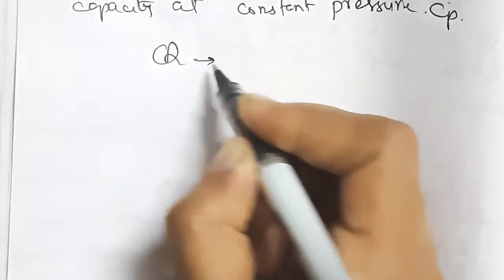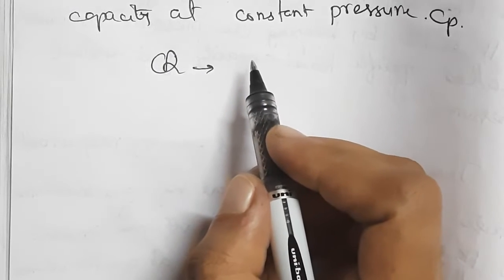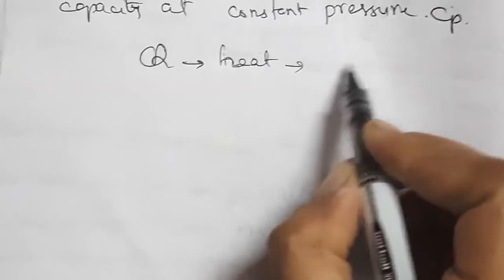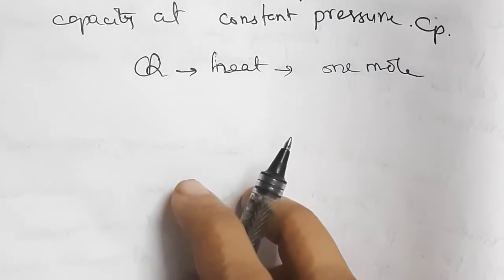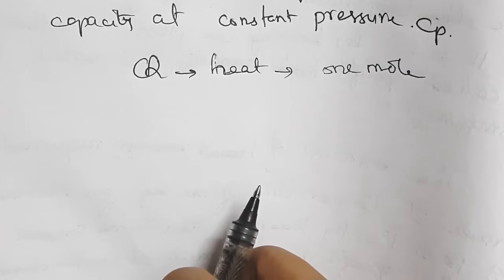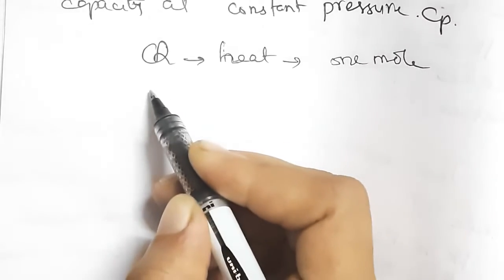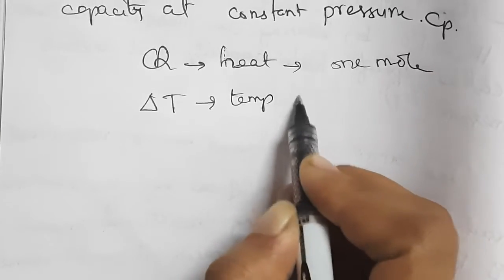Now let's see the expression for Cv. Suppose Q is the heat supplied to 1 mole of gas at constant volume, and the temperature changes by delta T when we apply the heat.